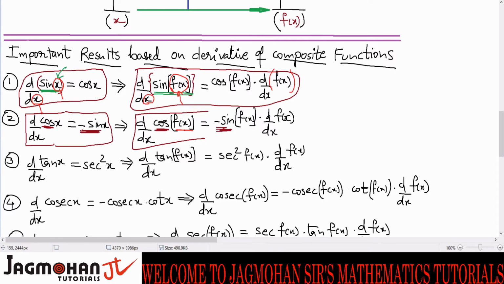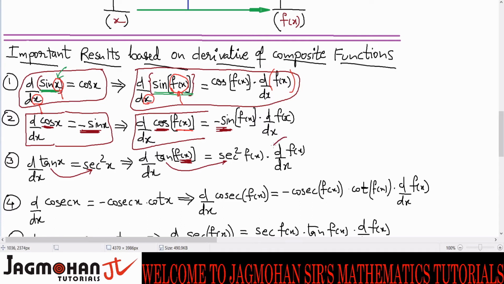Next, d by dx of tan of x is sec square x. What will be d by dx of tan of f of x? As such, the derivative will still remain the same. Tan derivative is sec square. So here also, tan f of x gives sec square f of x.